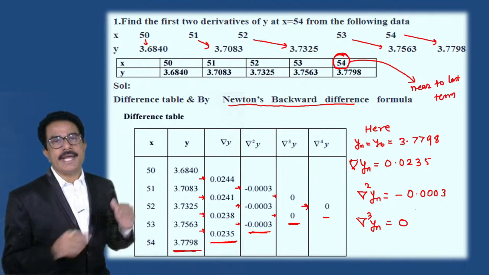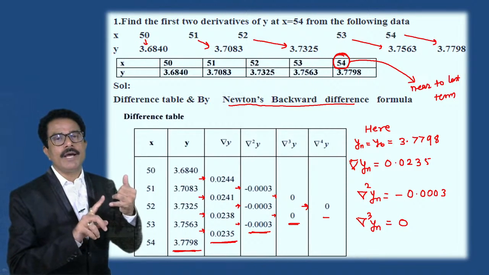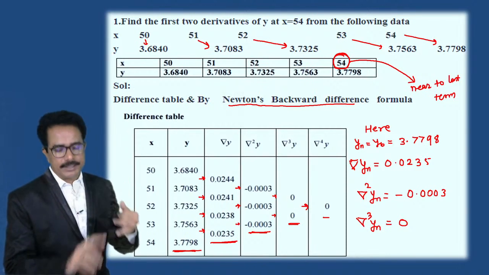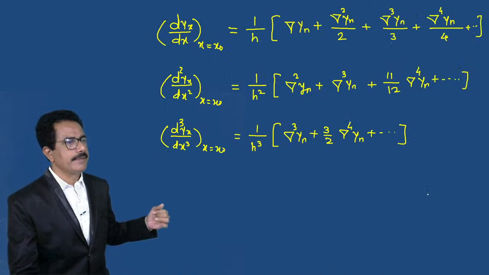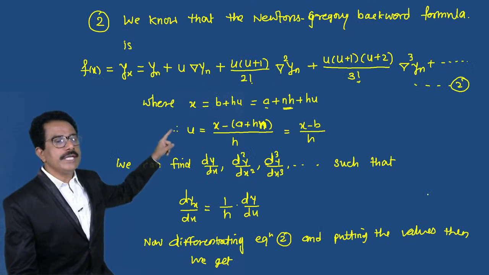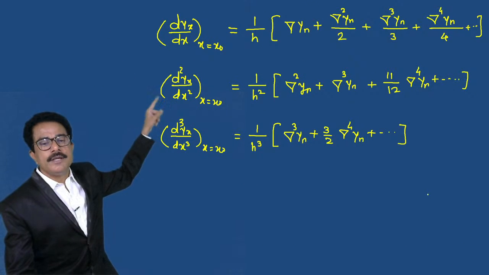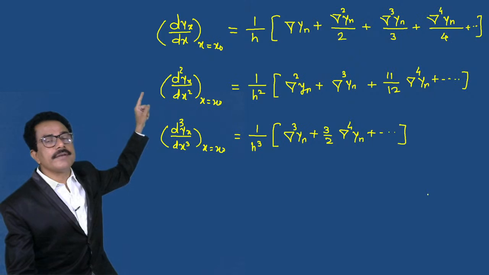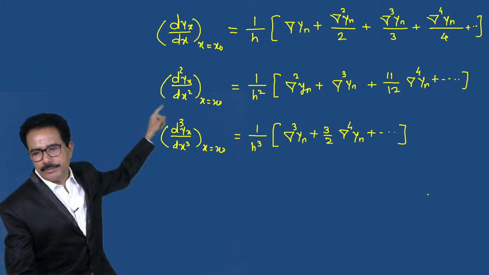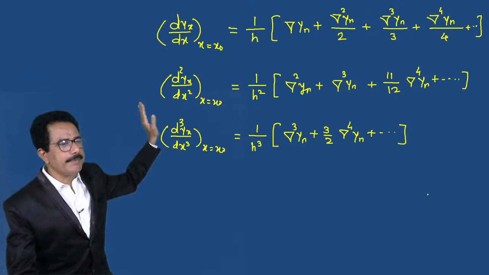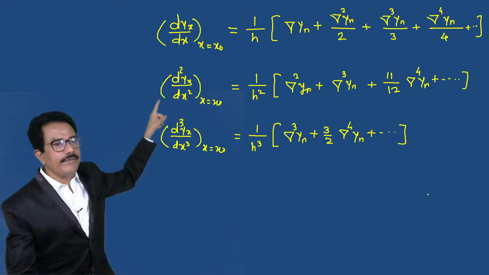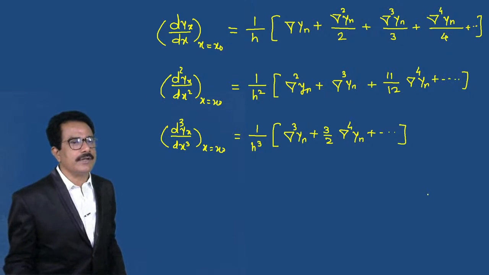Now we have to write the formula for first order derivative and second order derivative by using Newton's Gregory backward difference formula. Very good, Janvi Dhage.